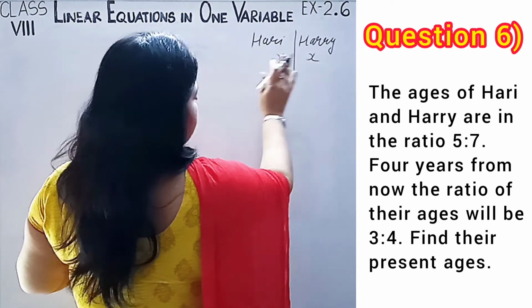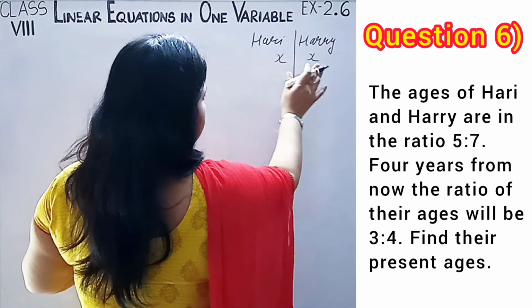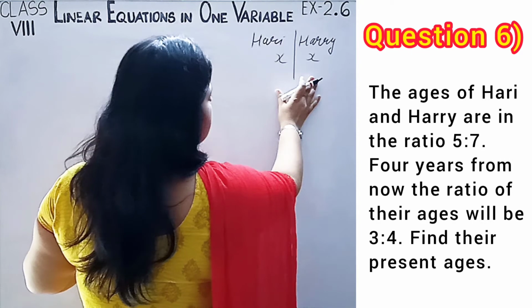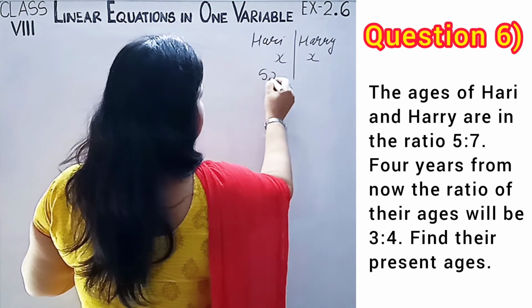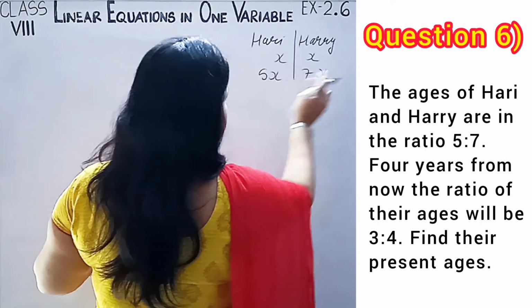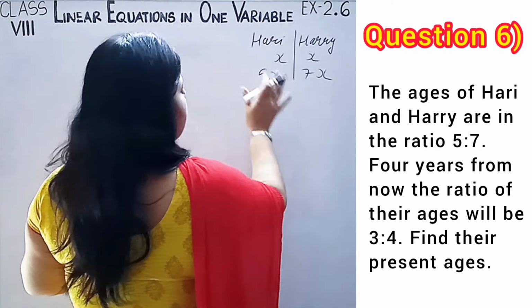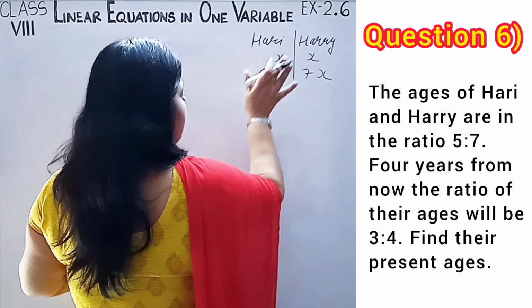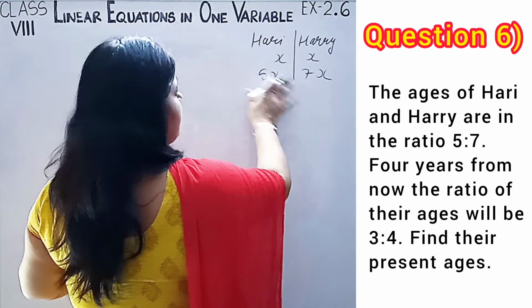Then the present age in ratio 5:7. So 5x, 7x. After that, in the question, 4 years from now.